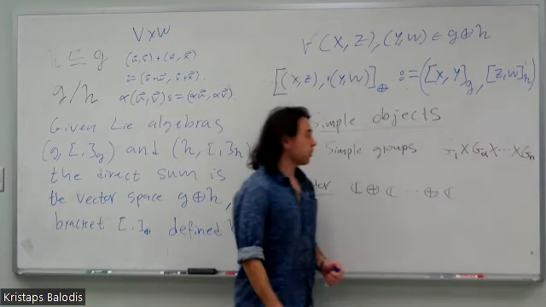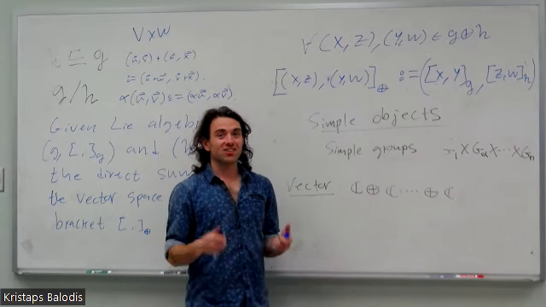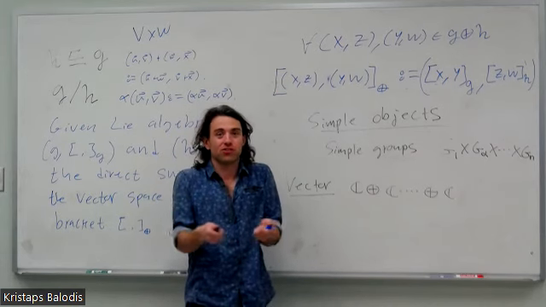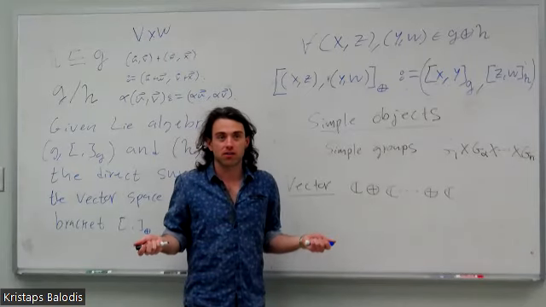Thing is, life is not so nice. It turns out that you can have groups that are glued together out of pieces in ways that are more complicated than the direct product.